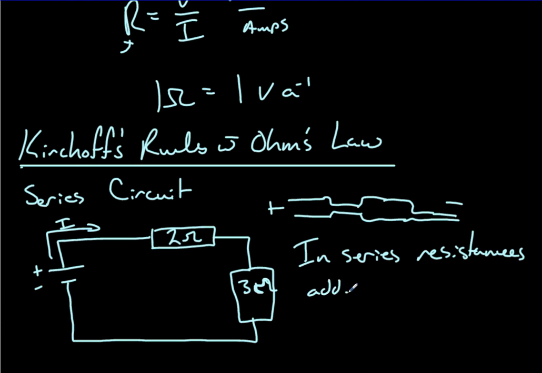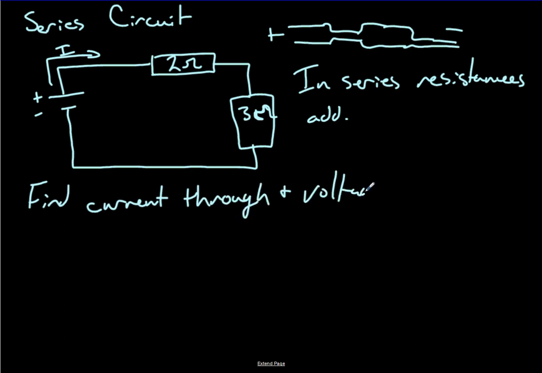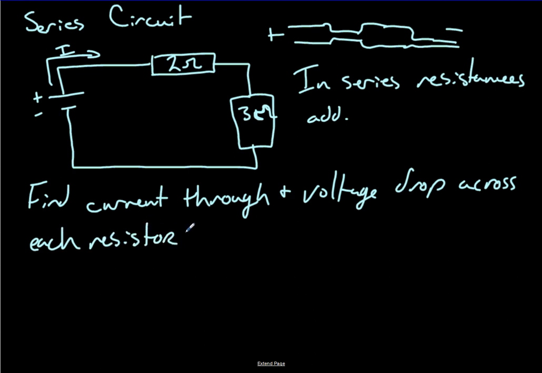Okay, so if you were asked to analyze a circuit like this, say someone said to you, find the current through and voltage drop across each resistor, you would do it this way.